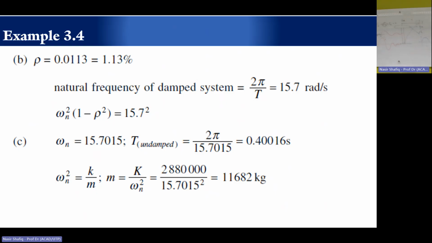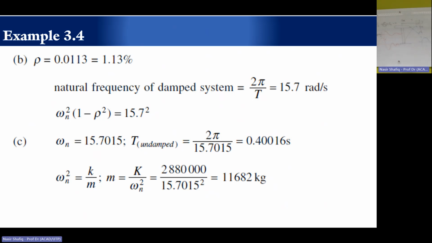Omega n square into 1 minus rho square is equal to this, so from there we calculated rho. 15.7 is the natural frequency of the damped system.